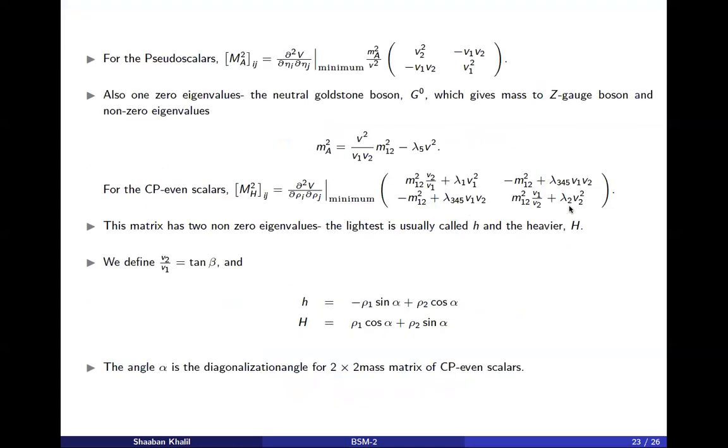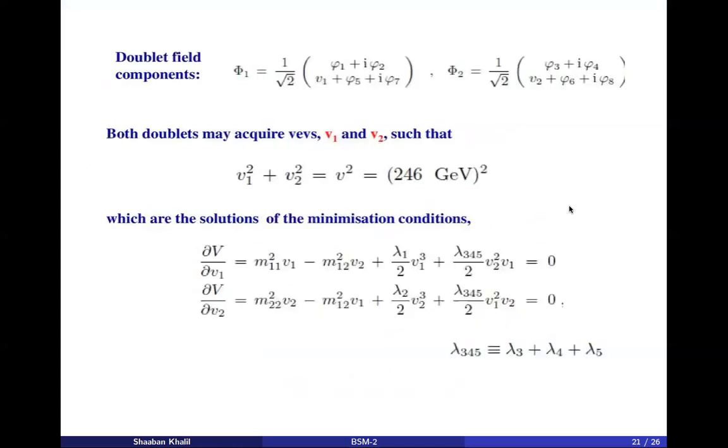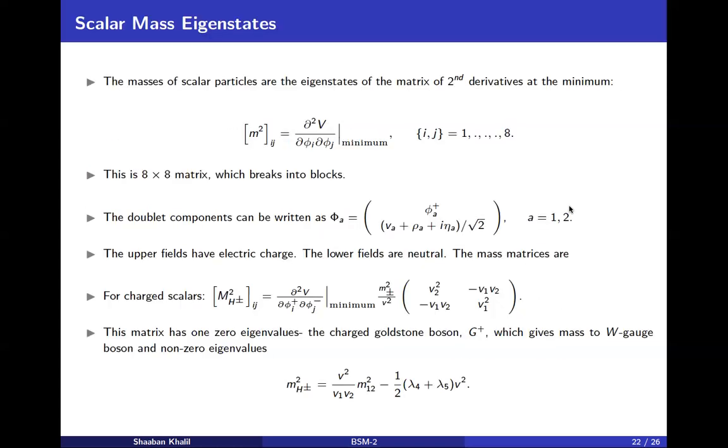Now for the pseudoscalars, you do the same thing, and you make the variation with respect to eta_i, eta_j. Remember, I told you I'm working in the notation where I wrote the doublets phi_a as a charged phi_a plus, and the lower component is V_a plus rho_a plus i eta_a.